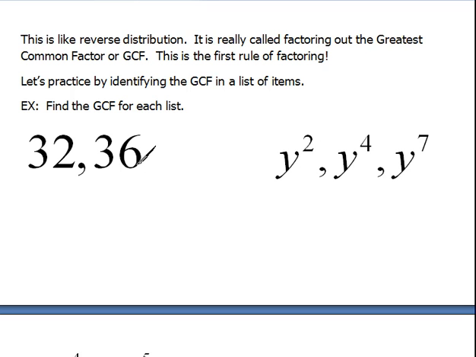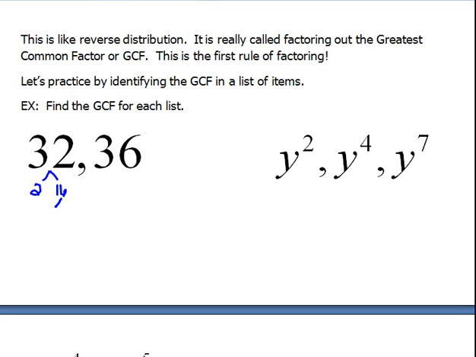Now, what we're trying to do is basically find the biggest thing that will go into both of these. So if you remember back from basic mathematics techniques, you can factor each one of these down. 32 would be the same thing as 2 times 16.